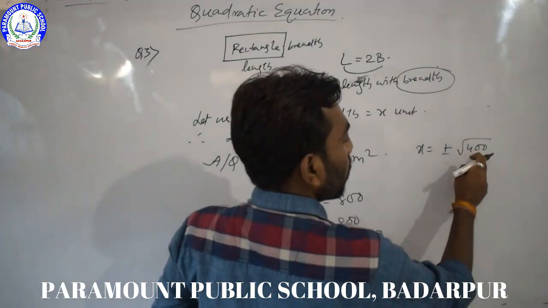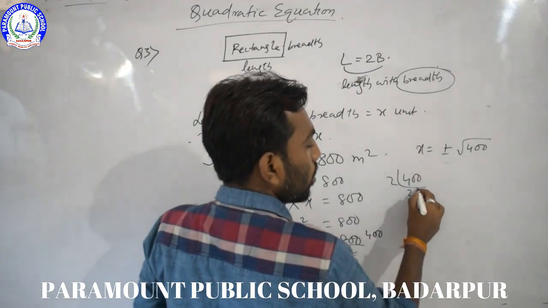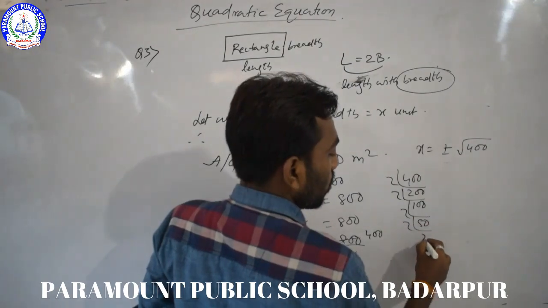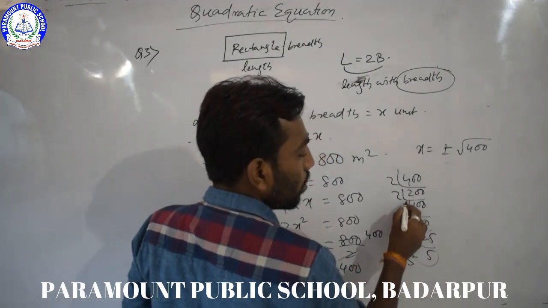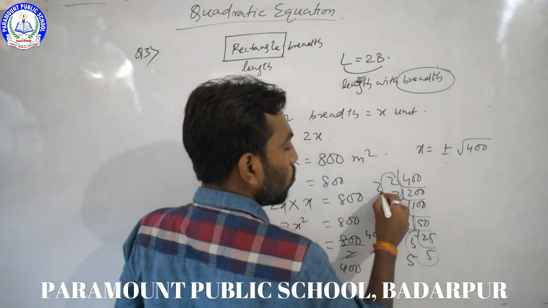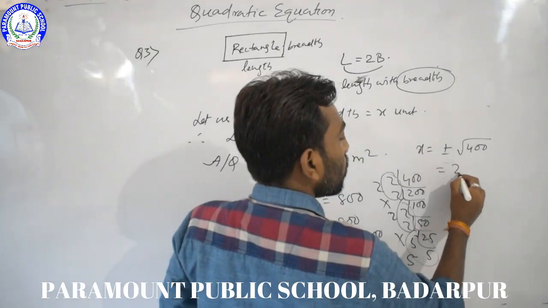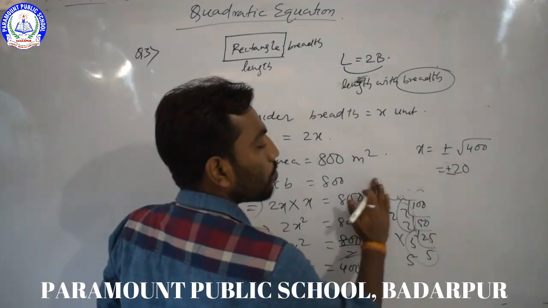What is the square root of 400? 200, 100, 50, 25, 5, 5. So from here we are getting 5, from here 2, from here 2. If we multiply 2 2s are 4, 4 5s are 20. So our x value is plus minus 20.